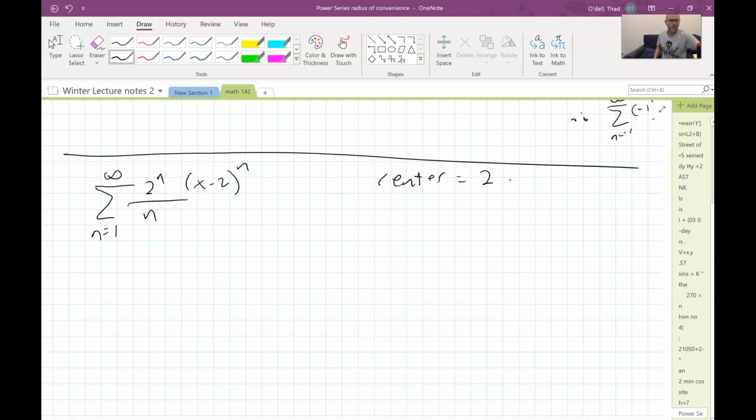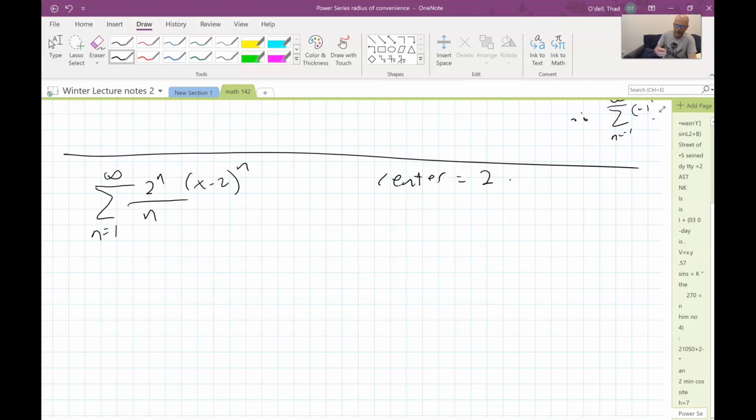So remember, we're looking for radius of convergence or interval of convergence. So we're looking for the x values where this converges, or the other way to think of it is how far from 2 will this converge. And again, these are x values.